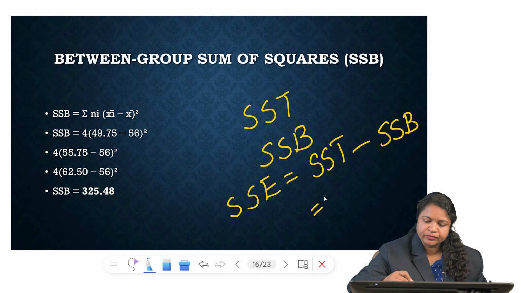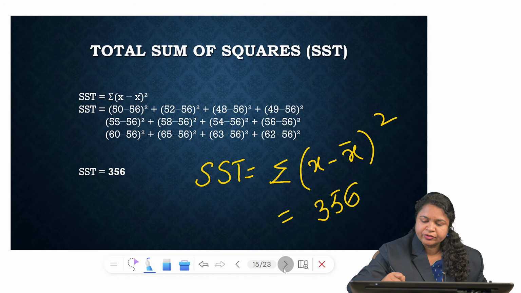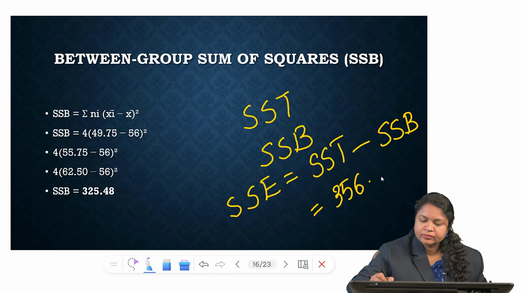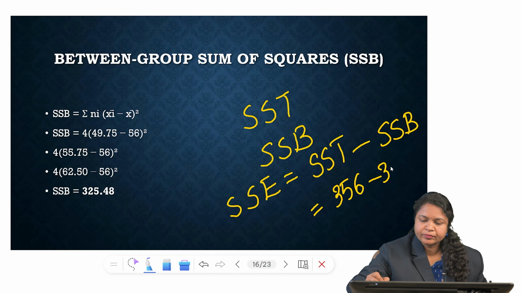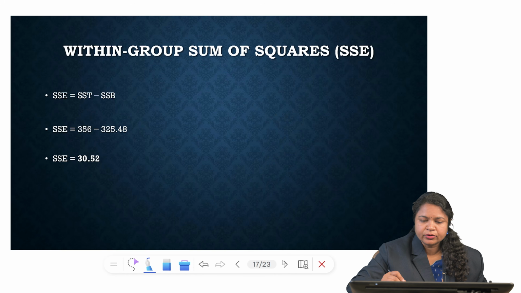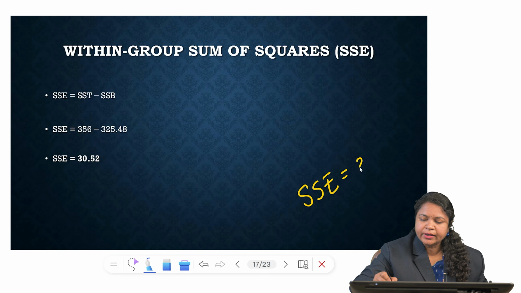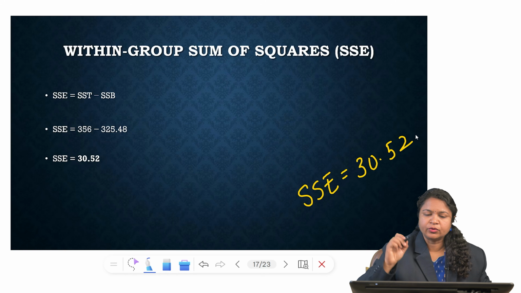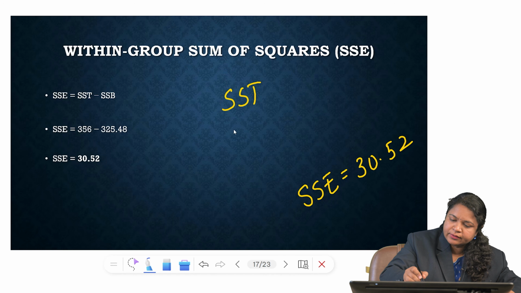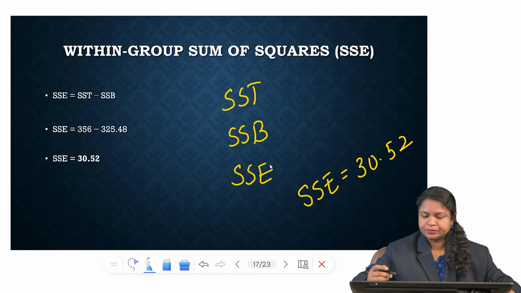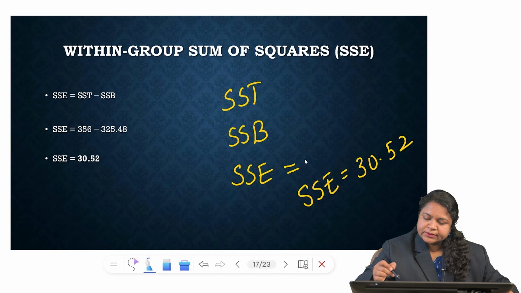So the total sum of squares we got as 356 minus 325.48, and we get within the group 30.52. So these are the three terms: SST, SSB and SSE.